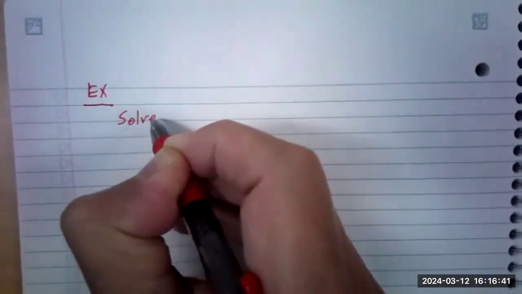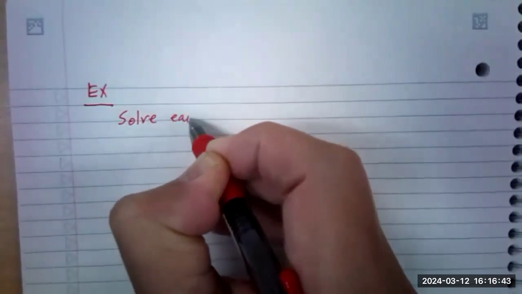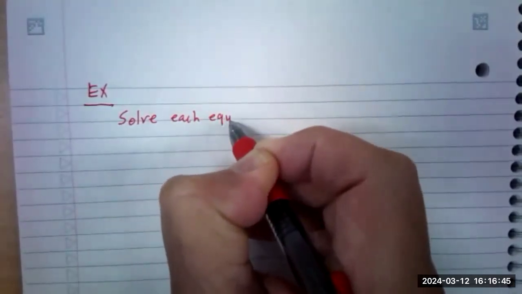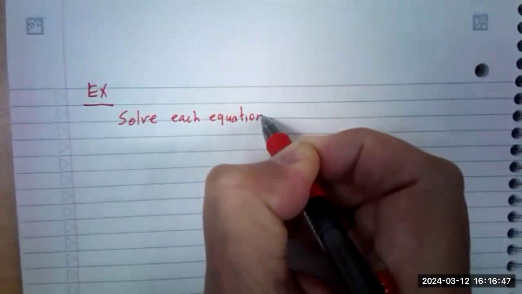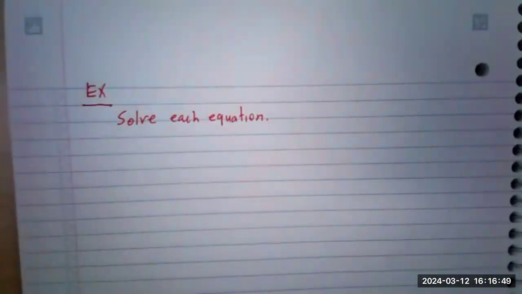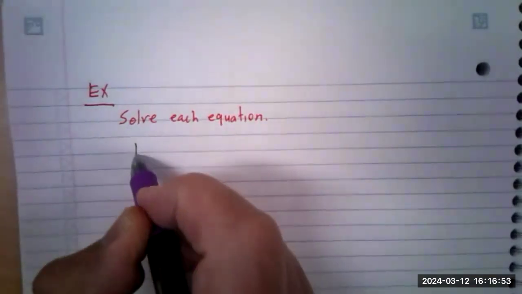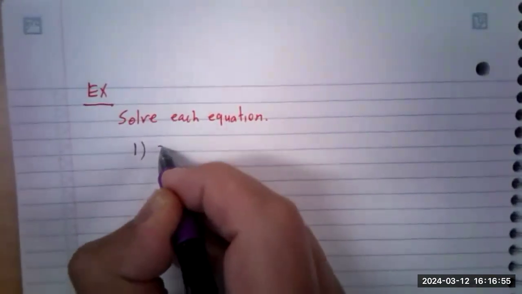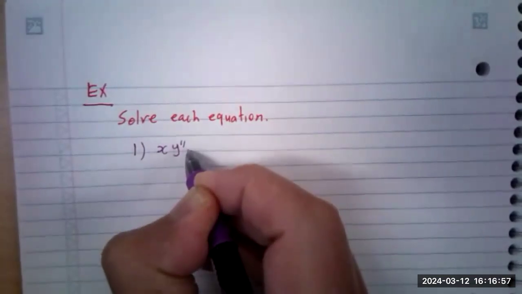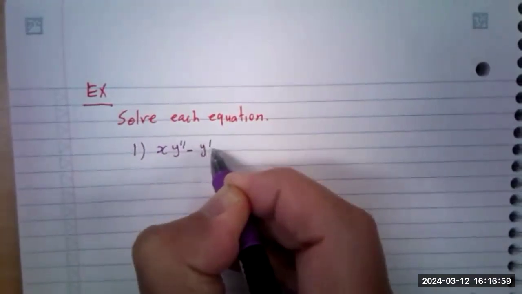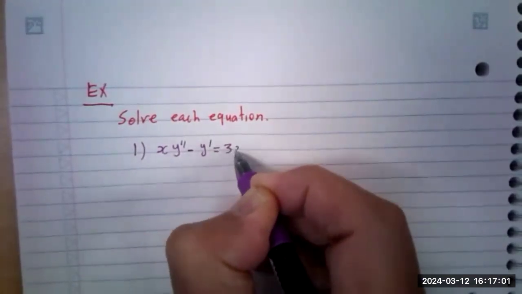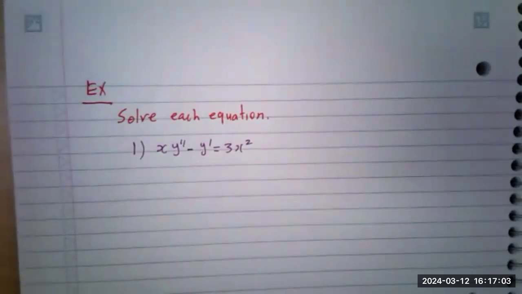So there you are. Solve each equation. Okay, we go with the first one. First one, we have x y double prime minus y prime equal to 3x squared. That's the first equation.